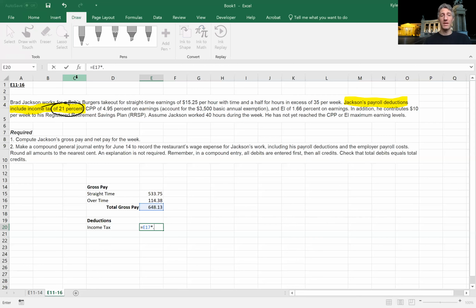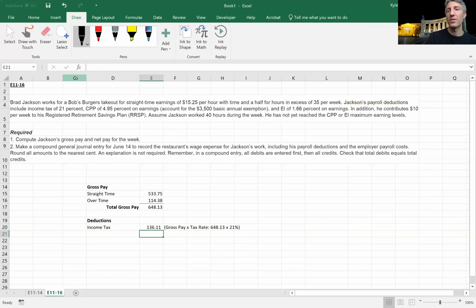We're just going to multiply that by the tax rate of 21%. So what I'll do next to this, I'll just put gross pay multiplied by tax rate, and I'll put 648.13 multiplied by 21%, so that you can see this later on if you're wondering where a number is coming from.